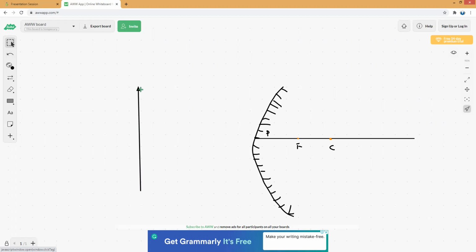Okay, the object is here. So you see the first ray. It goes to the top, hits the mirror, and it reflects outside. So it's diverging, and this ray will never meet any other ray.